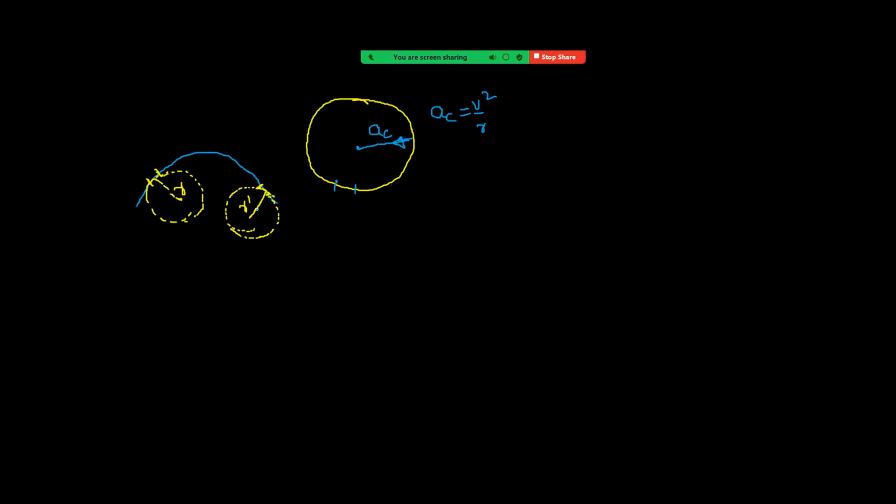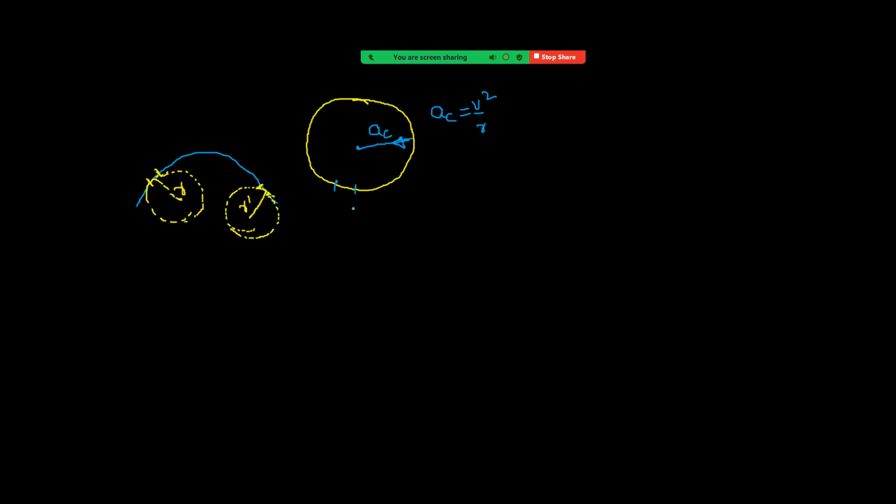And here that is what we call the radius of curvature. So whenever we want to calculate the radius of curvature at a point, we have to focus on what the speed is and what the centripetal acceleration is.